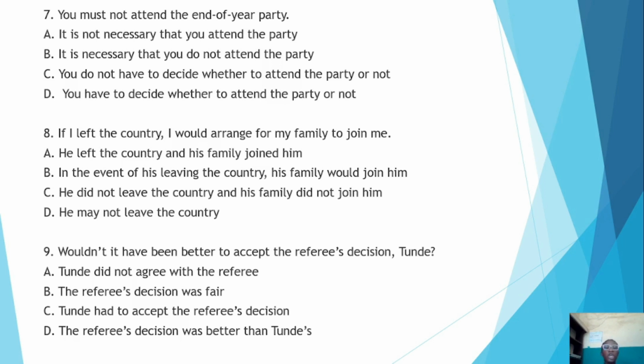Option D, you have to decide whether to attend the party or not. Remember that in interpreting sentences, we are looking for the one that best explains it. The correct option here is option B. It is necessary that you do not attend the party.